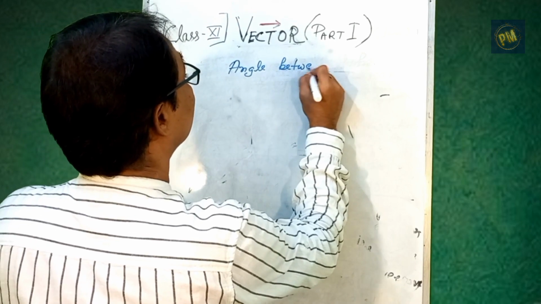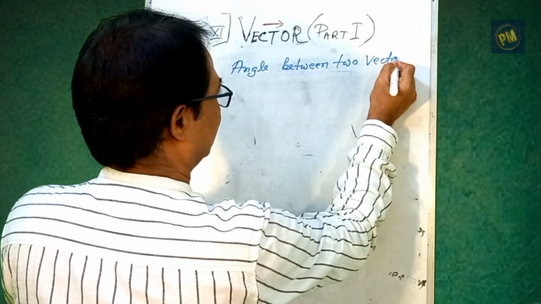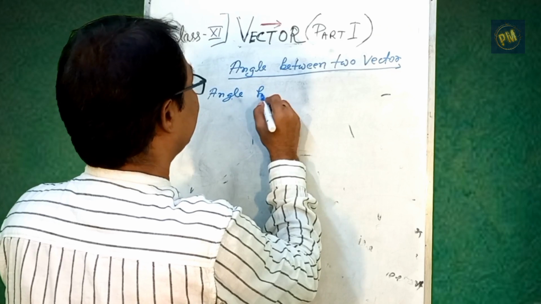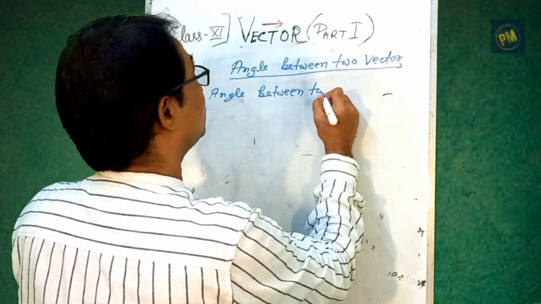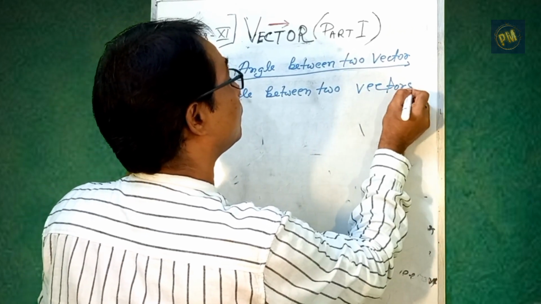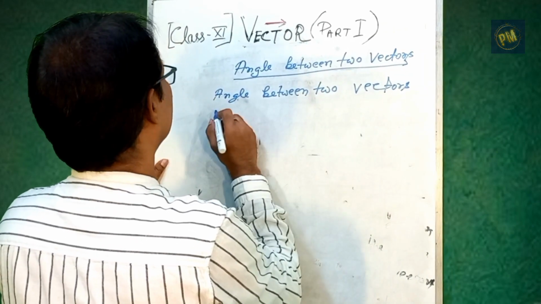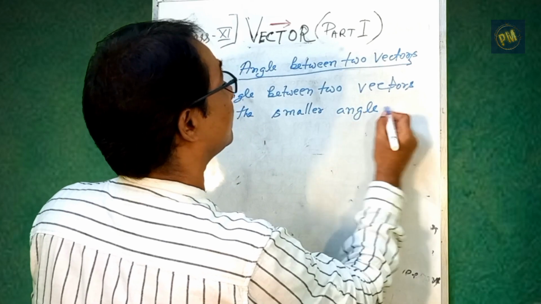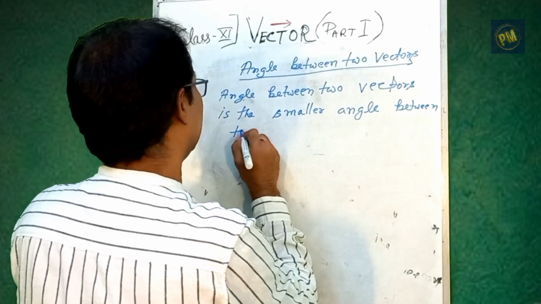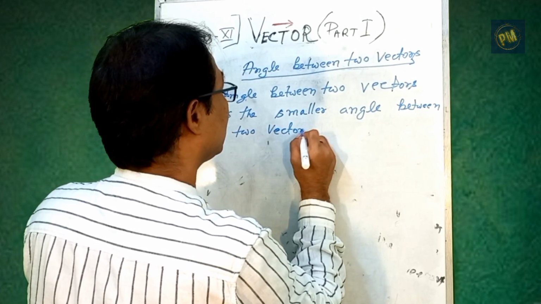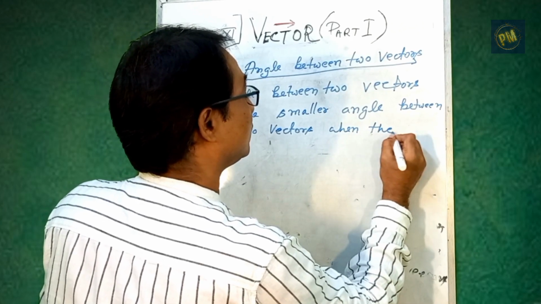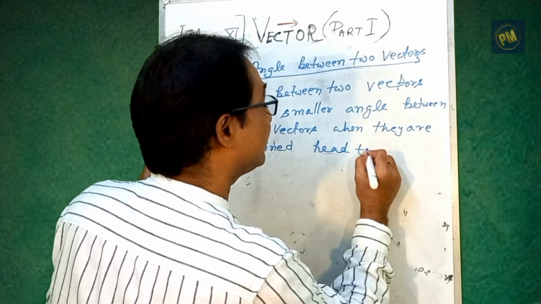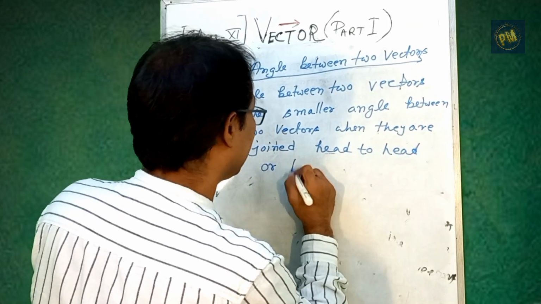Angle between two vectors is the smaller angle between two vectors when they are joined head to head or tail to tail.